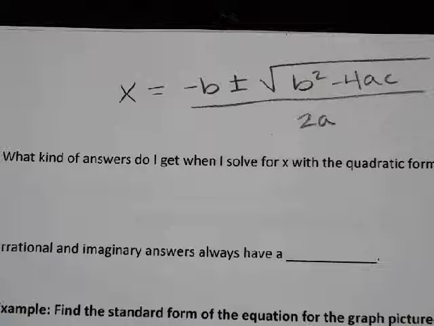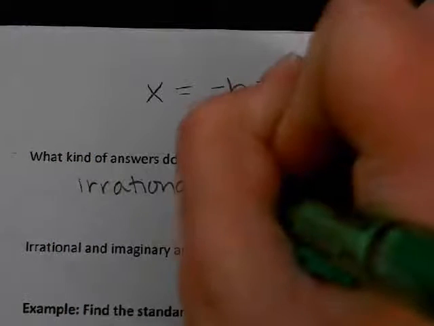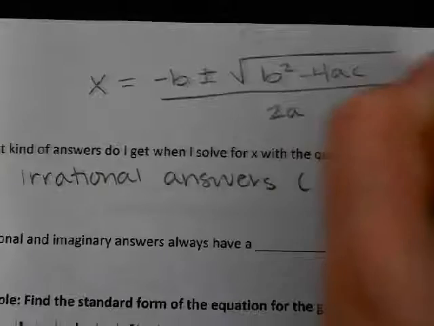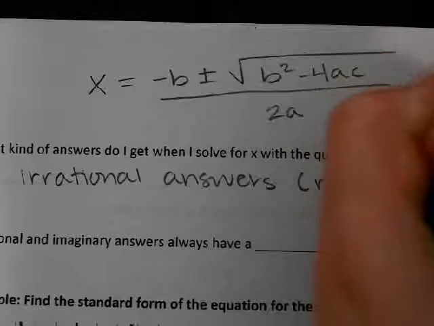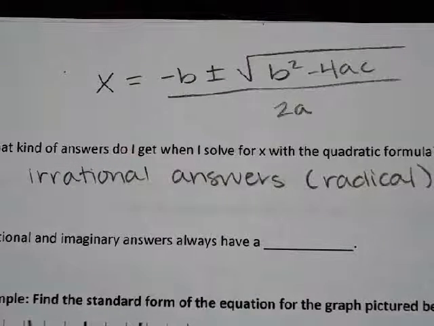So the types of answers we get from the quadratic formula are irrational answers, specifically radical answers. They come from our radicals. And then we also get our imaginary answers.